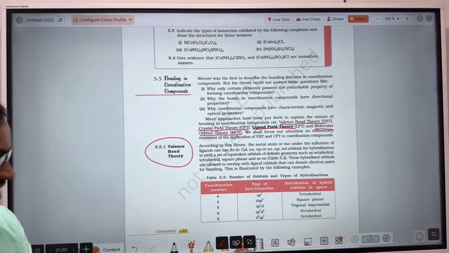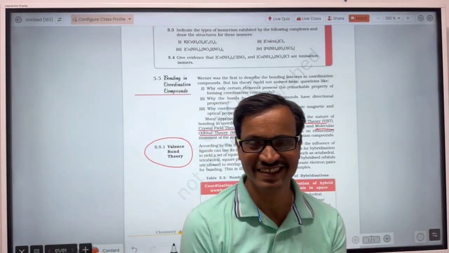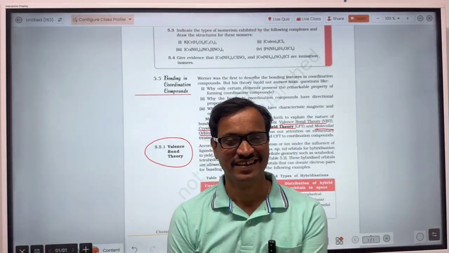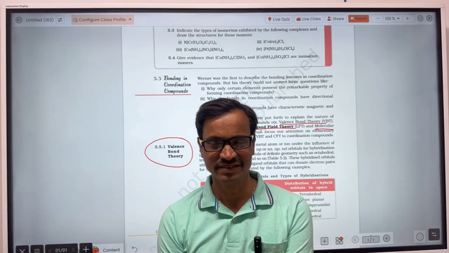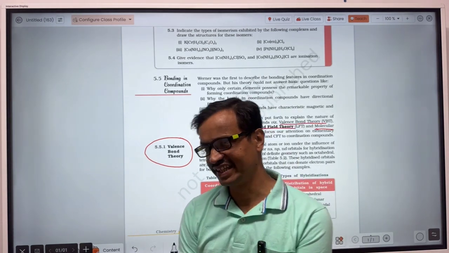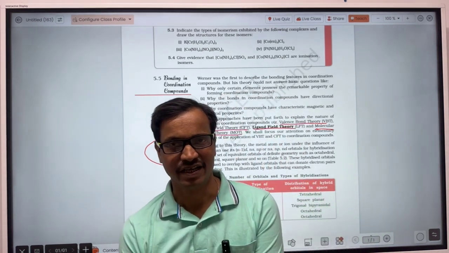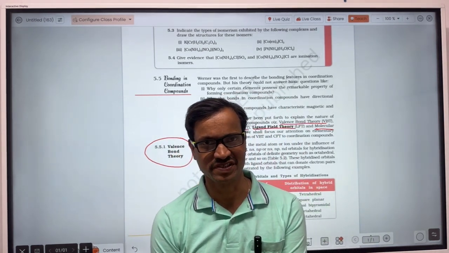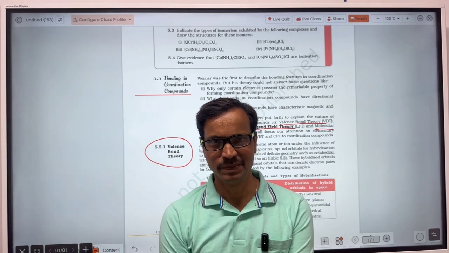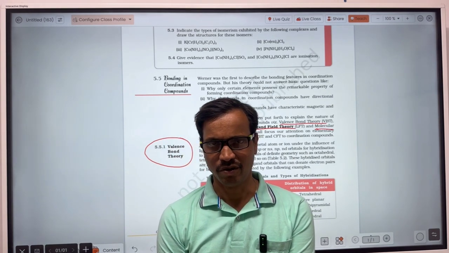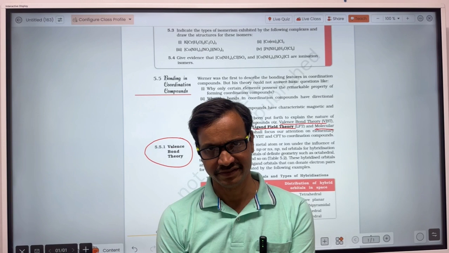Firstly, what is valence bond theory? Obviously, the valence orbitals participate in the bond formation. The valence bond theory explains the shape of molecules and also explains whether the molecule will be diamagnetic or paramagnetic.